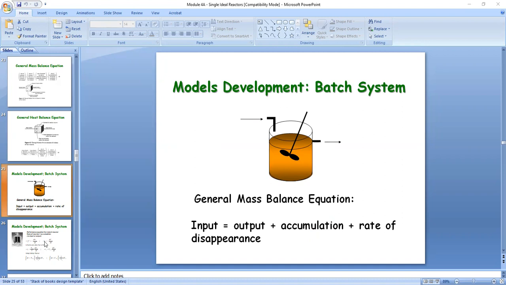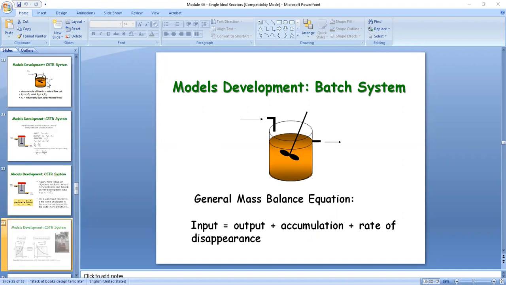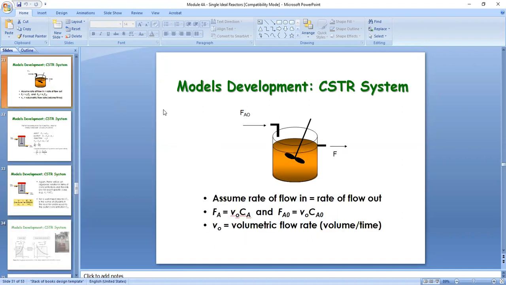Okay, so we go to our CSTR. This is our CSTR. So assume rate of flow in is equal to rate of flow out. If the rate of flow in is equal to the rate of flow out, then we say that there won't be any accumulation.